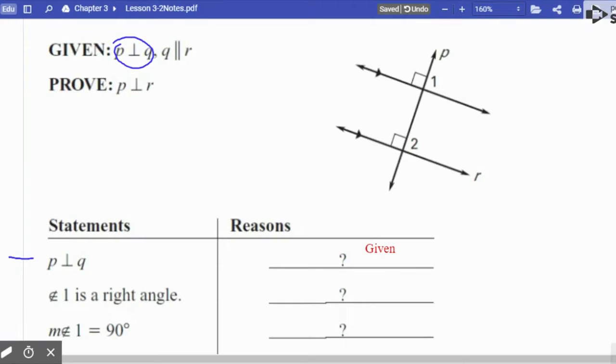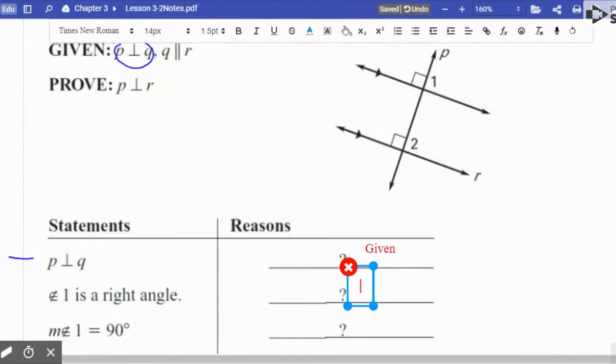Statement 2. Angle 1 is a right angle. Why is angle 1 a right angle? Looking back at statement 1, I said lines were perpendicular, so therefore, by definition of perpendicular.